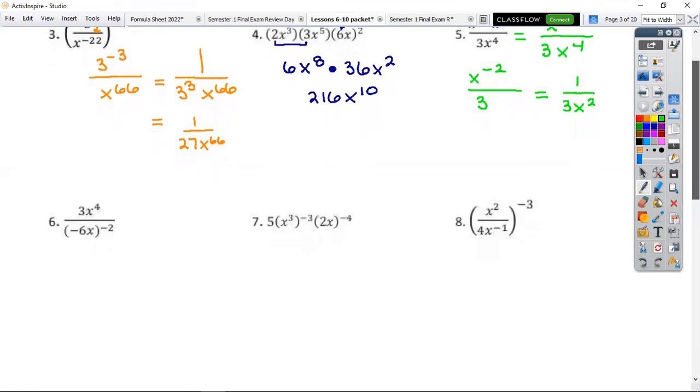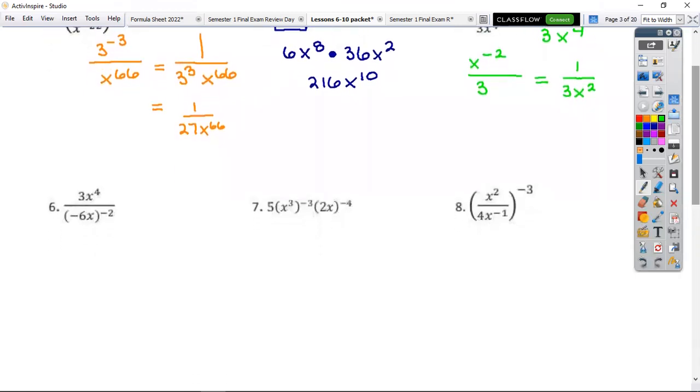All right, so my next. I have to take that -2 and I have to distribute it to both of those. So I'm going to recopy this as, so I have 3x to the 4th, and then divided by, so I'm going to have the -6 raised to the -2nd, and I'm going to have the x raised to the -2nd as well.